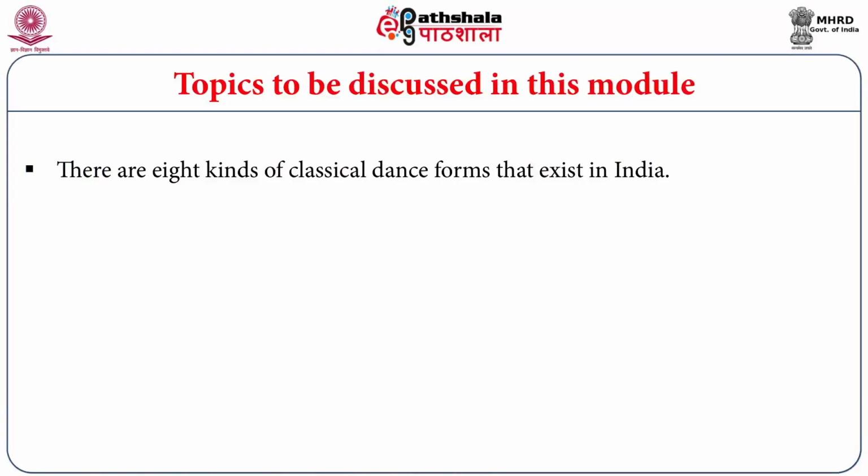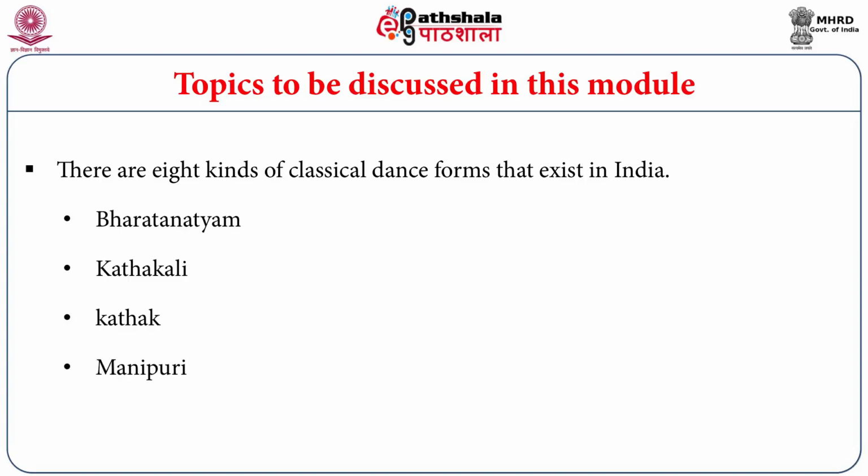Now, we'll move on to how many types of classical dance forms there are. There are 8 kinds of classical dance forms that exist in India: Bharatanatyam, Kathakali, Kathak, Manipuri, Kuchipudi, Mohini Attam, Odissi, and Satriya. We have bifurcated them into 2 parts.